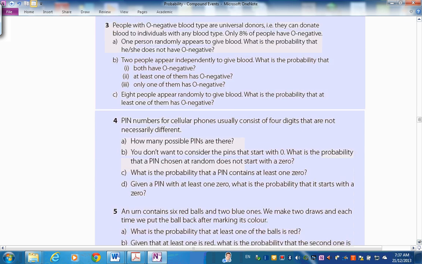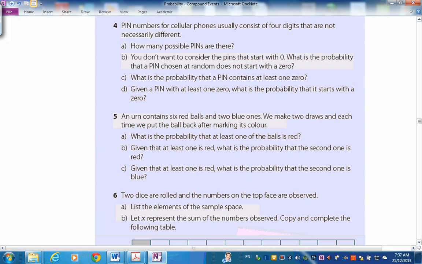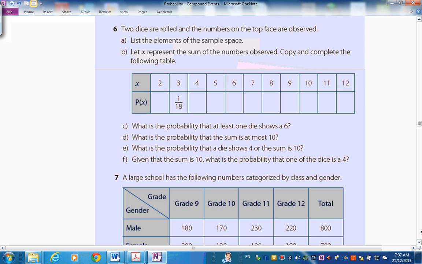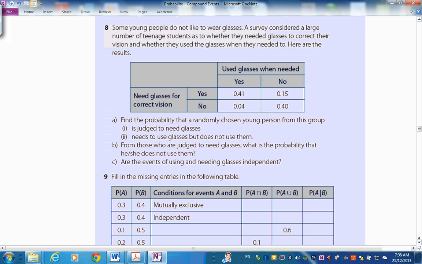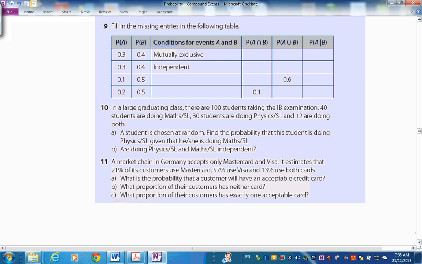So question 4 and 5. Six, 7, 8, 9, and the last few, 9, 10 and 11.